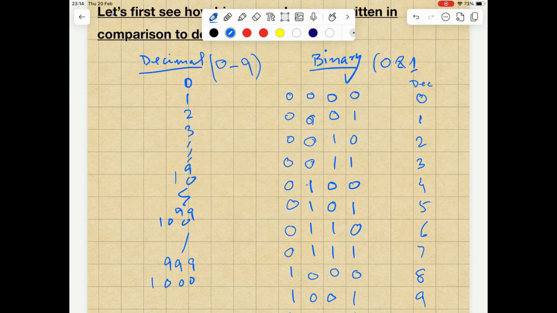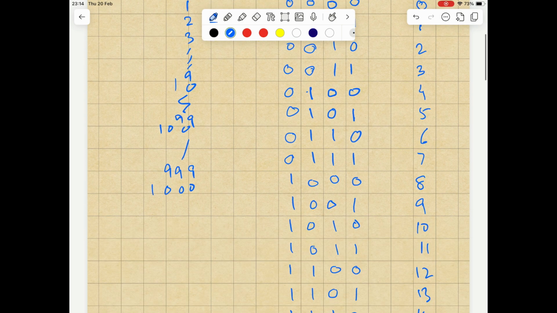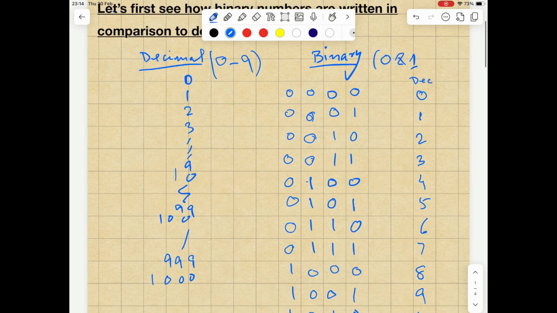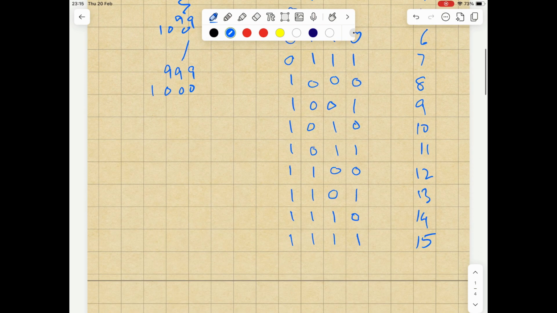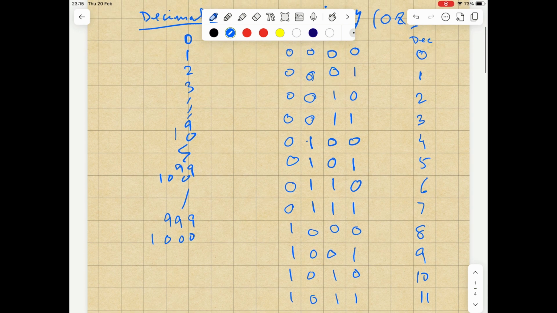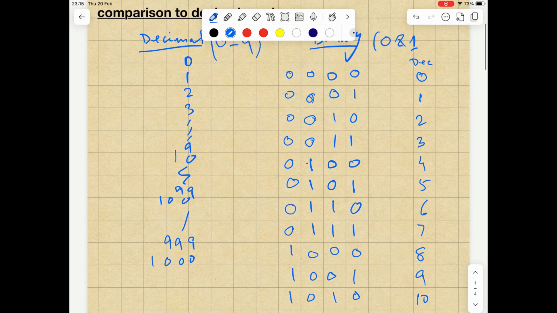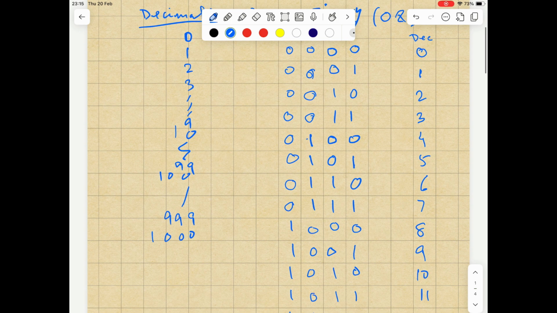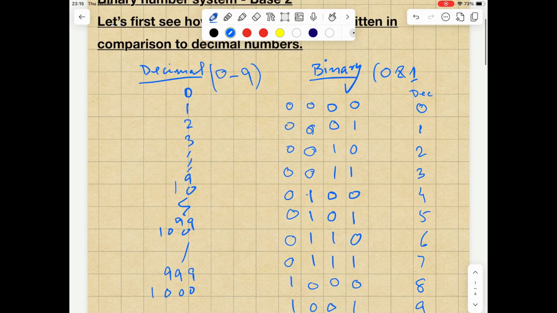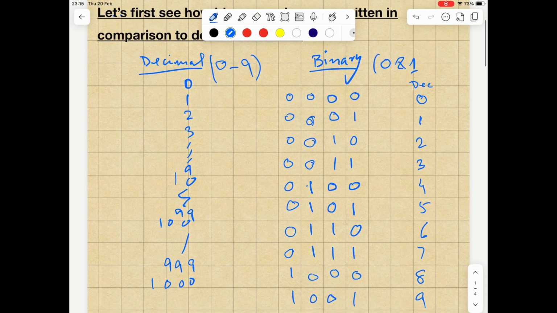And the third column is 4 zeros, 4 ones, 4 zeros, 4 ones. And then the fourth column, 8 zeros and 8 ones. And if there was a next column, it would be 16 zeros and 16 ones.